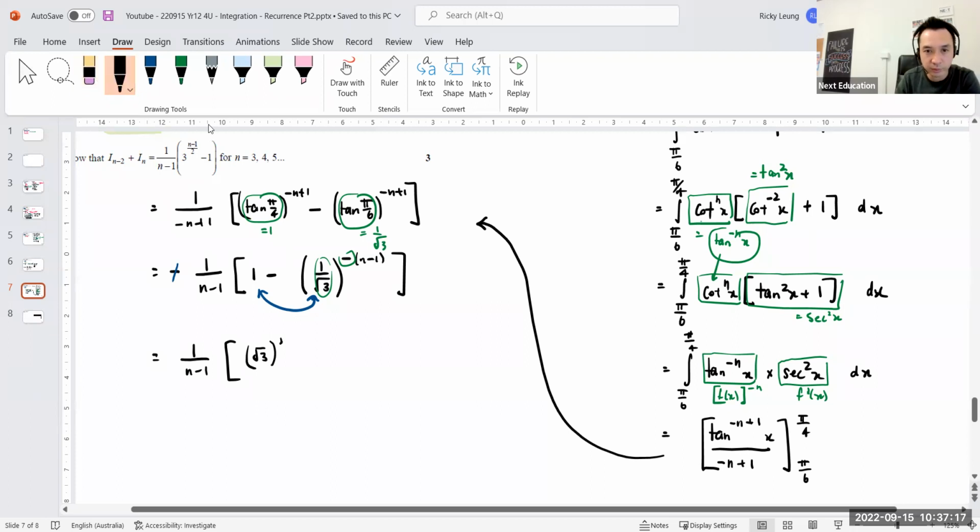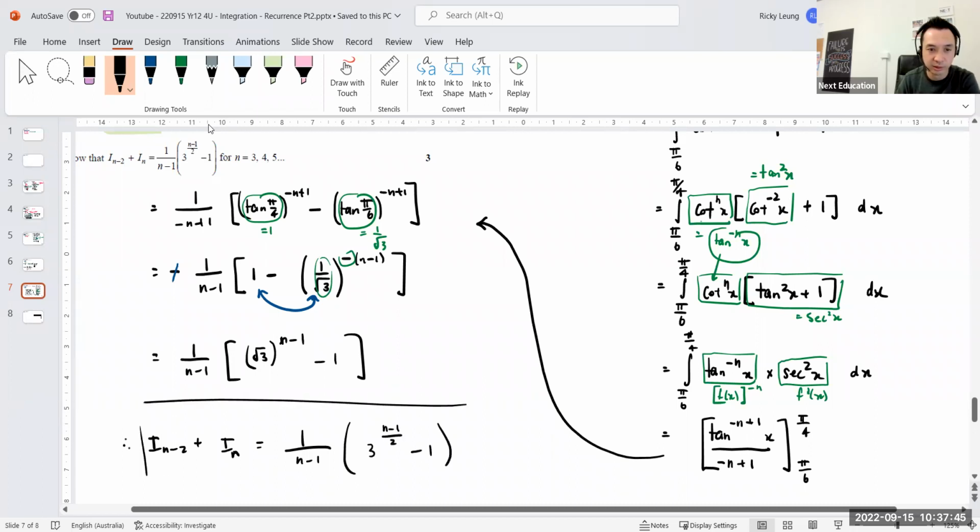Good, good, good. Guys, multiply it out, therefore. Therefore, I_n minus 2 plus I_n equals 1 on n minus 1, 3 to the power of (n minus 1) on 2, minus 1.